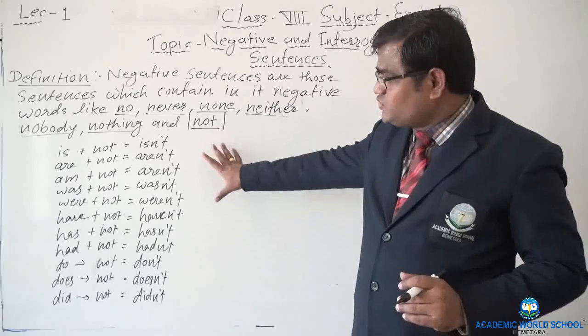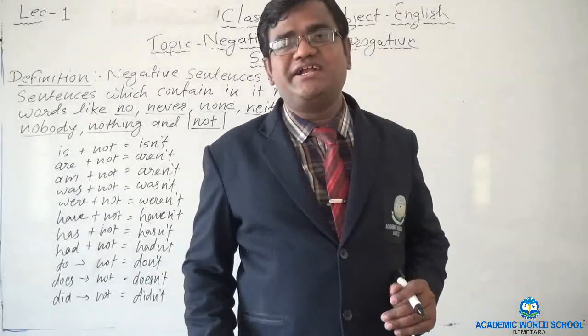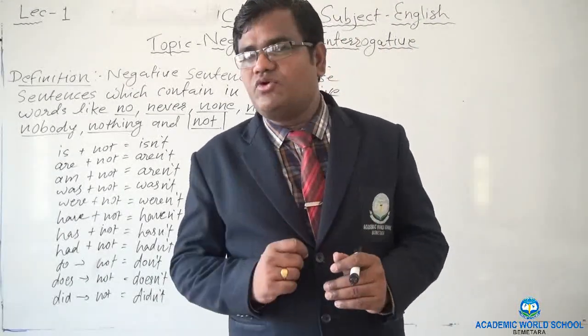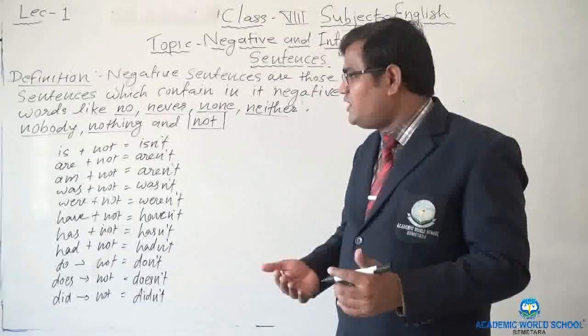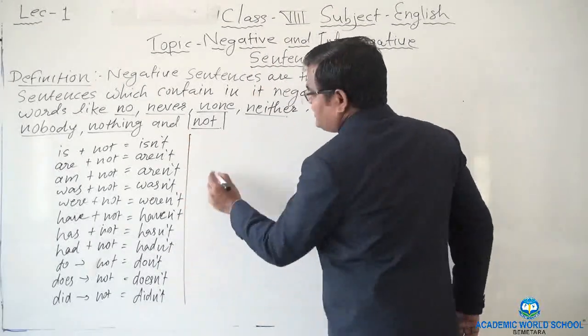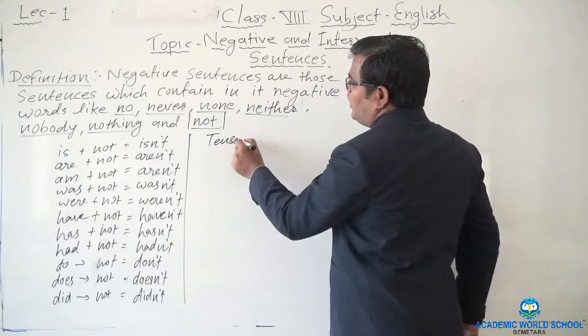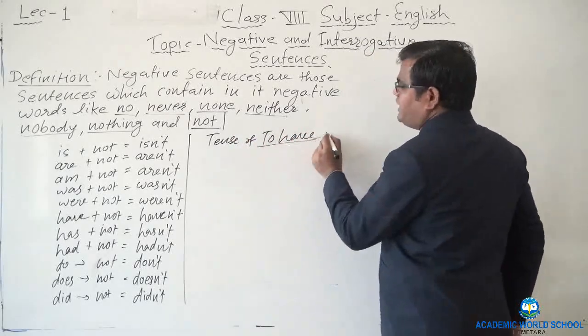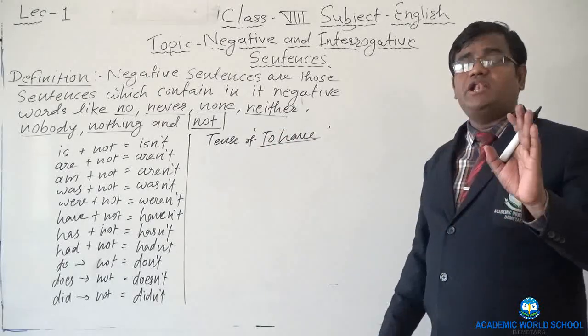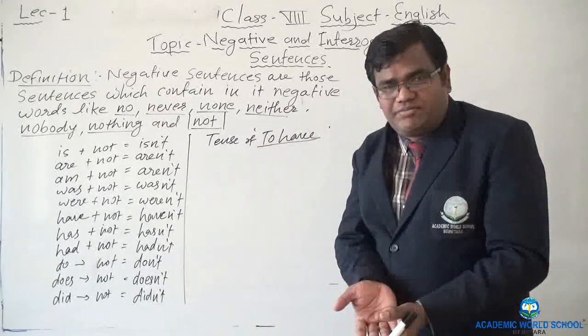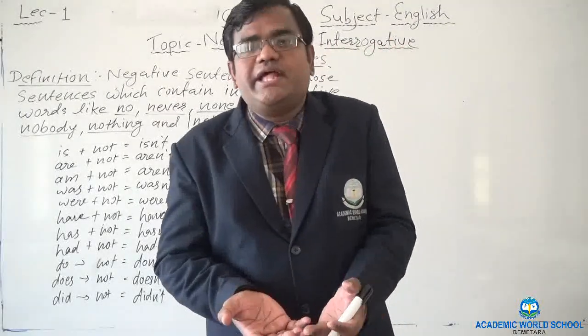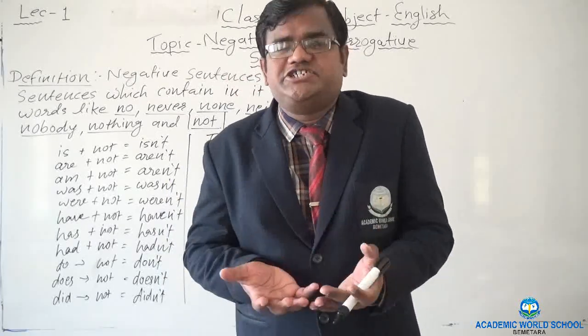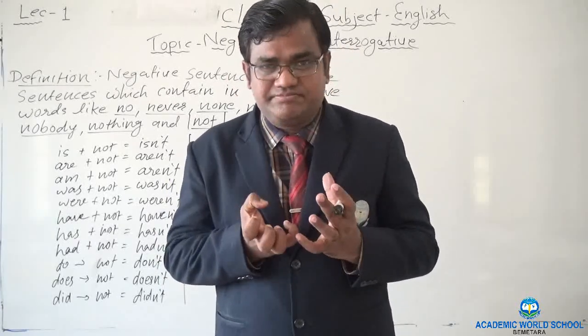Okay, now you learn here how to make sentences negative. There is one more tense which we call the tense of to have. To have means after to have generally we will not use any main verb. You are using the tense for showing your possession, what I have, ownership, right?